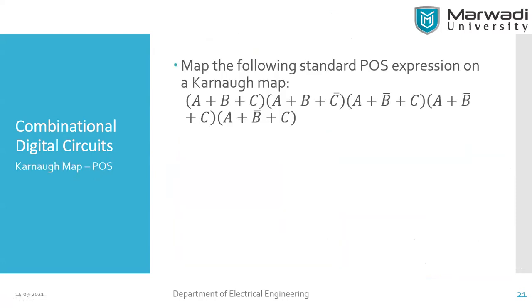Now, how to map a product of sums expression on a Karnaugh map?